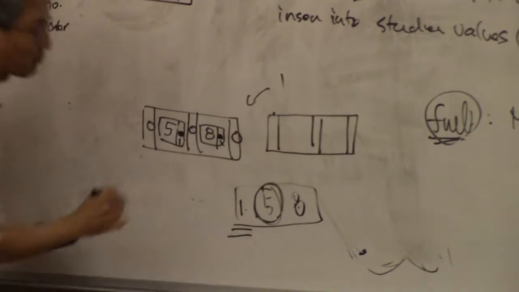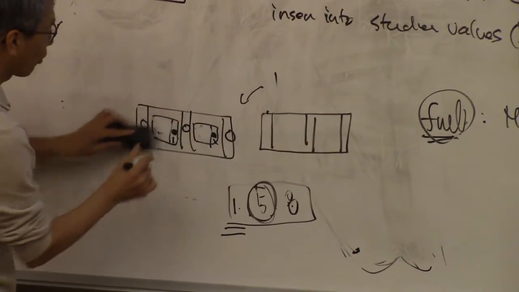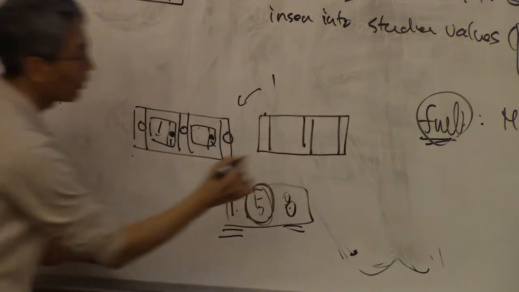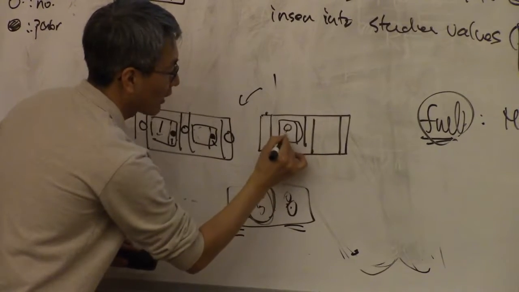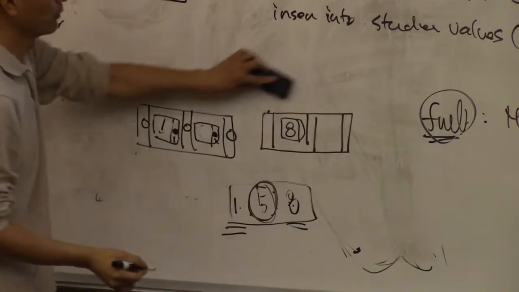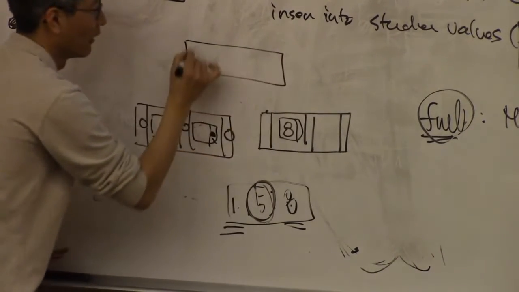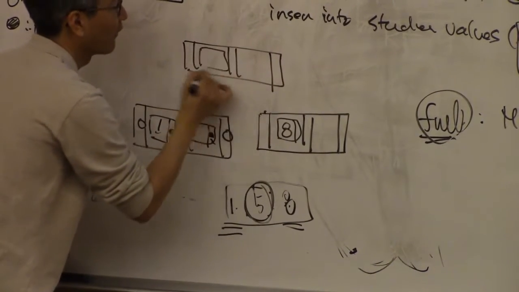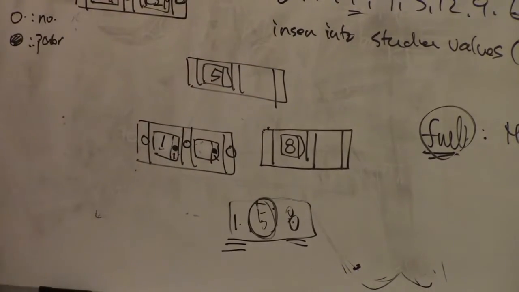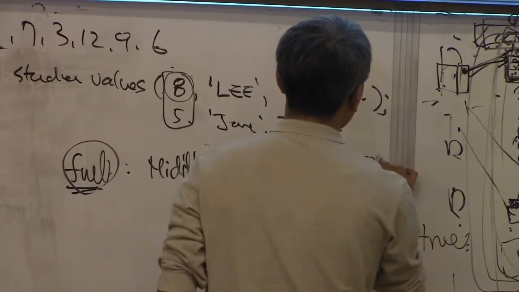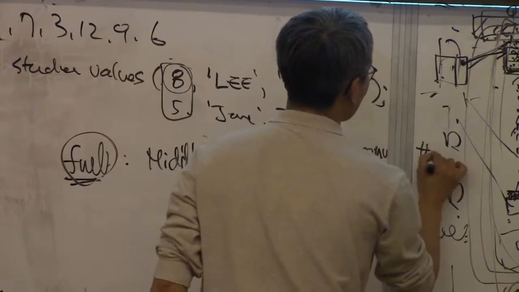The left-hand side of the middle value goes to the left-hand side, the right-hand side of the middle value goes to the right-hand side. What about the middle value? It's going up, and 5 will be a new node as a parent. This one is called the promotion. We promote the middle value.